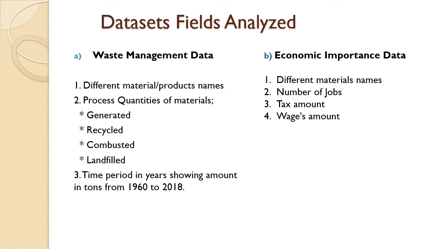And then finally the time periods starting from 1960 to 2018, showing the quantities in tons. And for the second dataset, related to economic importance, the first column had the different material names, the second column had the number of jobs provided, the third column had the tax amount paid, and the fourth column had the wages amount generated.